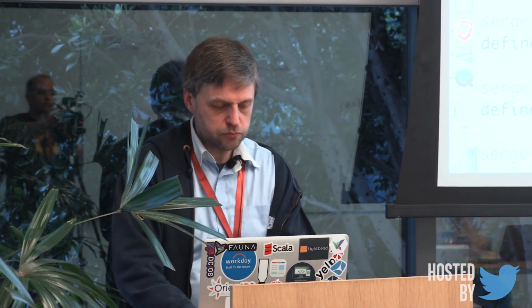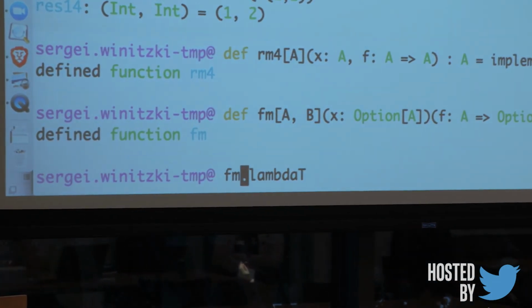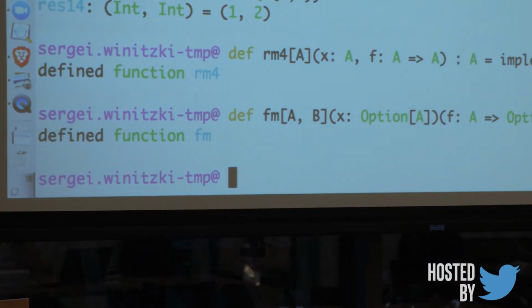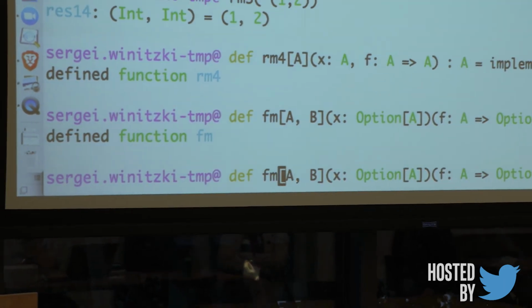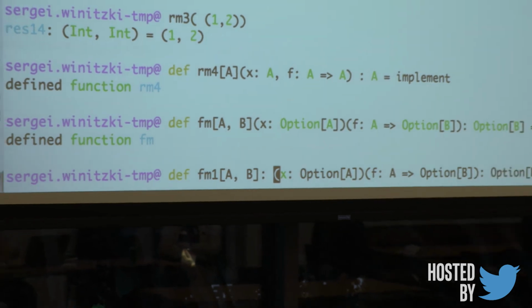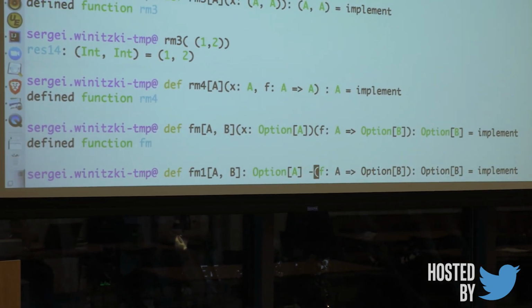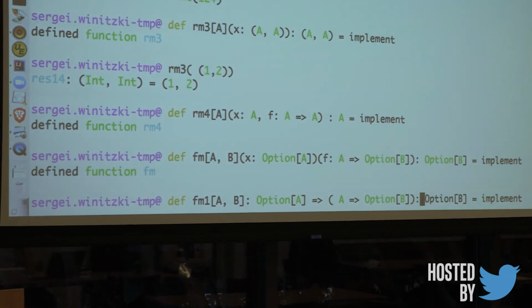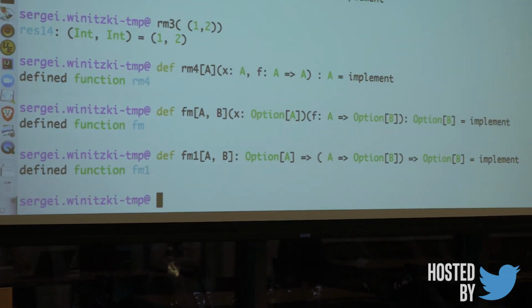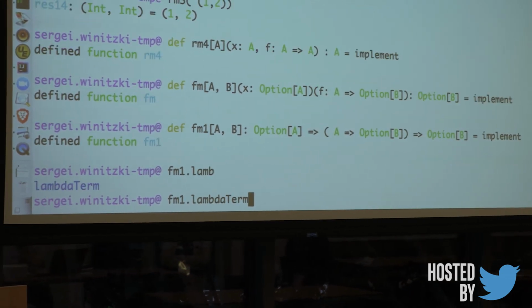FM, that's not going to work like this. Let me try something else. Option A, option B. Let me do it like this. So I implemented something called Lambda term.